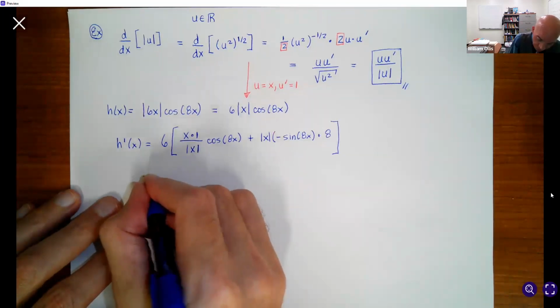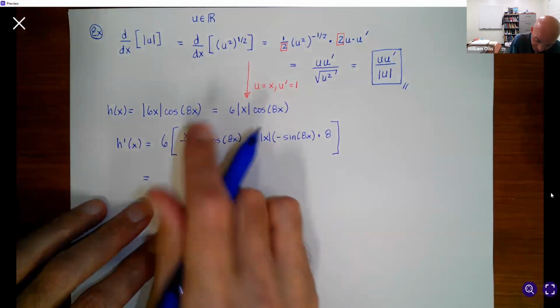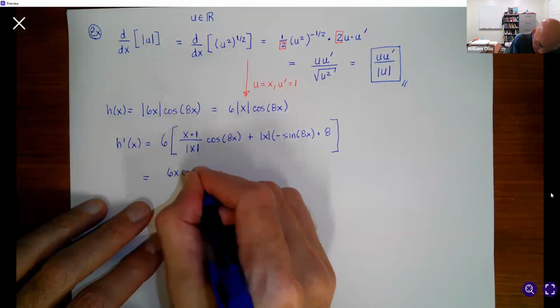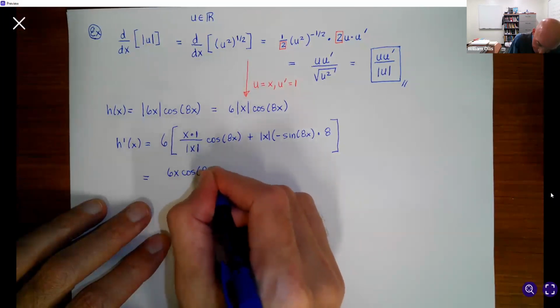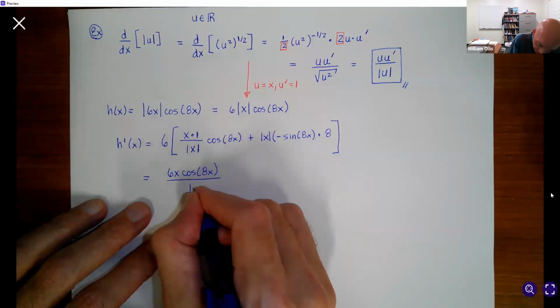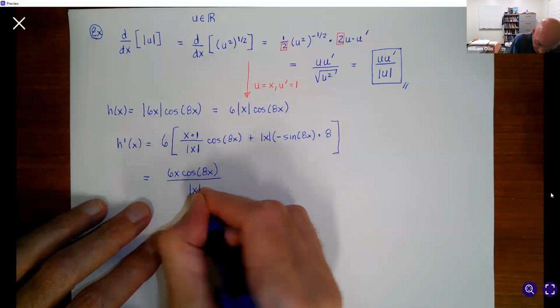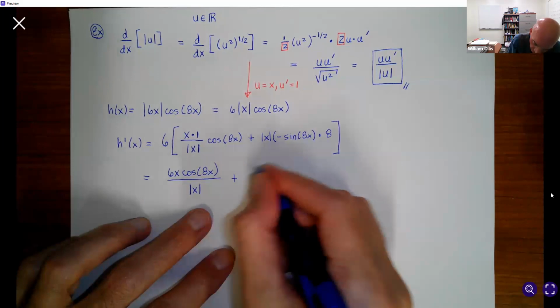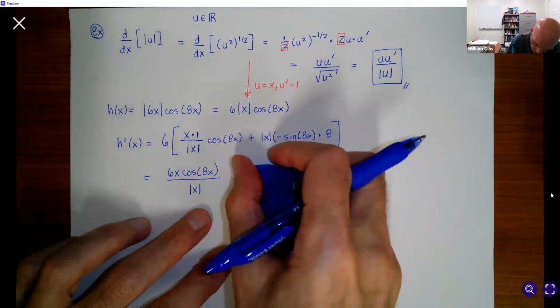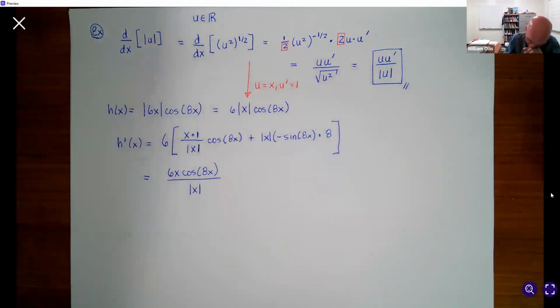So now if you want to multiply things out, this will be 6x times cosine of 8x divided by the absolute value of x. Plus, well, of course, I won't do plus negative. I'll just go ahead and use the minus since we've got the minus there.